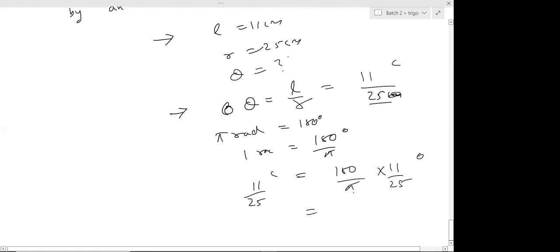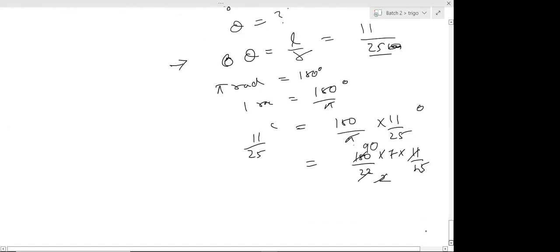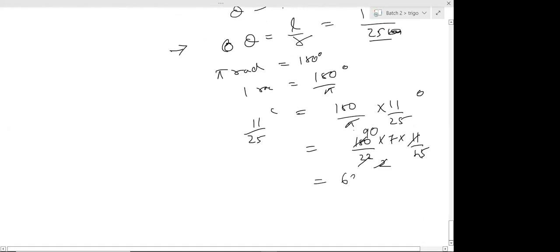We can put the value of pi as 22 by 7. So this 7 will be coming here. We'll get this value. This is 630 upon 25. You can simplify further and find the answer. This is clear, everyone? Shafullah?